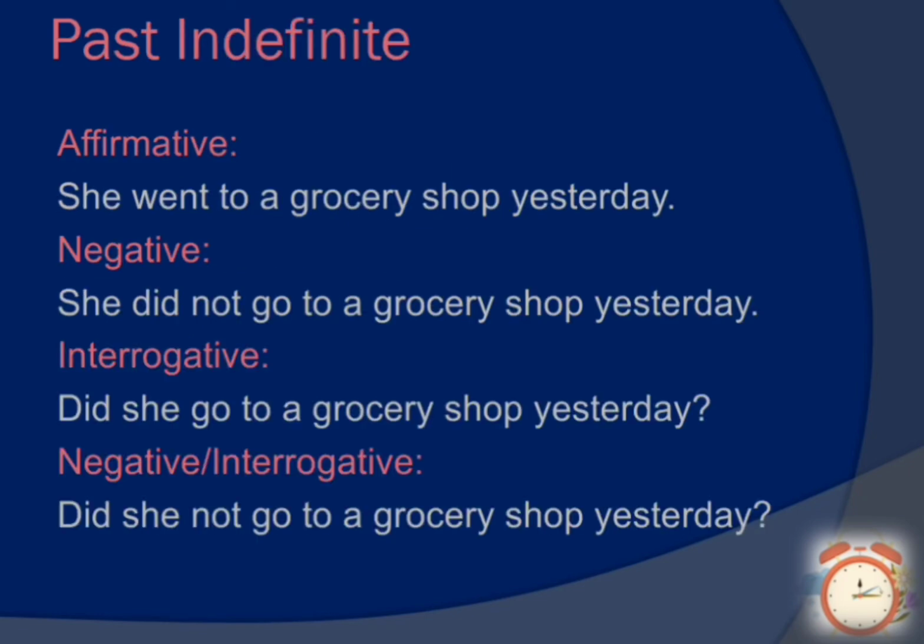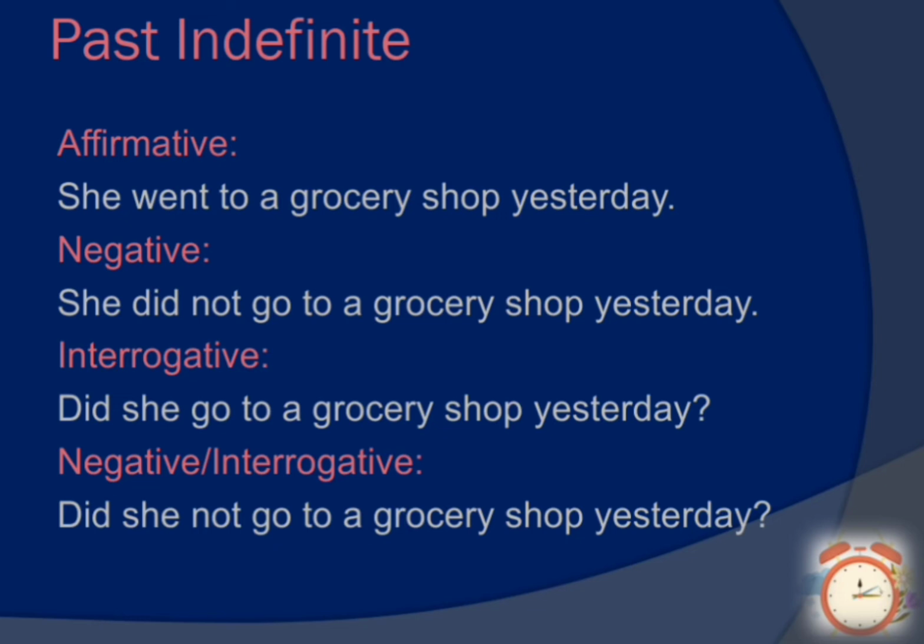Sentences for past indefinite. Affirmative. She went to a grocery shop yesterday. Negative. She did not go to a grocery shop yesterday. Interrogative. Did she go to a grocery shop yesterday?